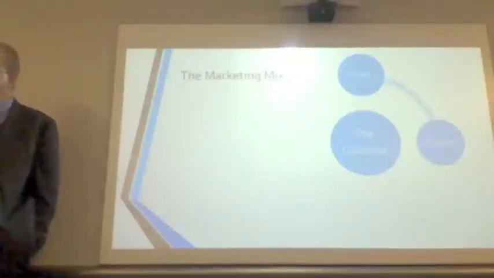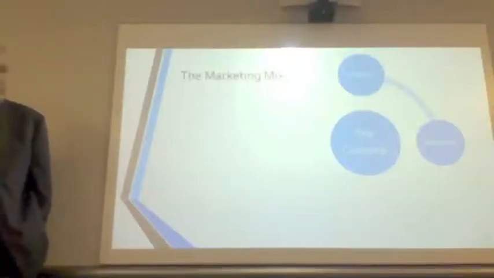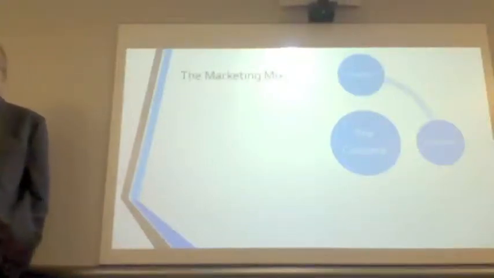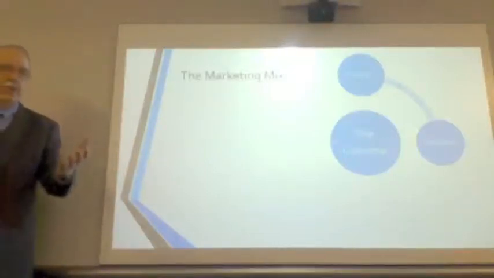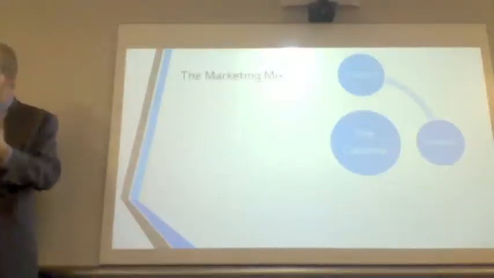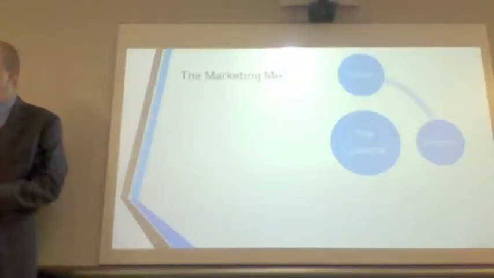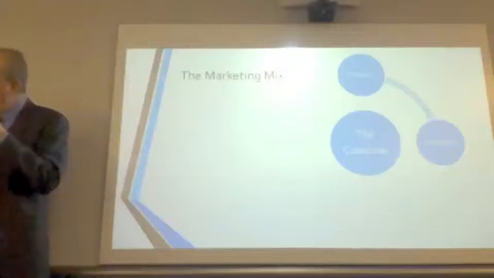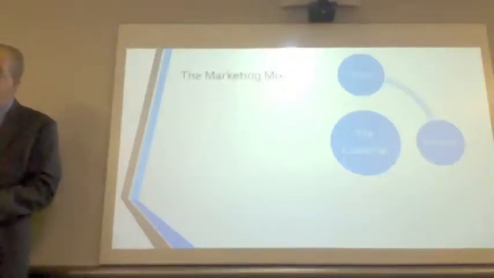You've already had these kinds of discussions about what is your product and why would people want to buy it. The second part is placement, and that is where are you going to put it so customers can find it? Is it going to be in vending machines? Is it going to be in 7-Elevens? Is it going to be in exclusive retail shops? So part of your decision is where do you sell your product so that your customers can find it and actually go ahead and purchase it.